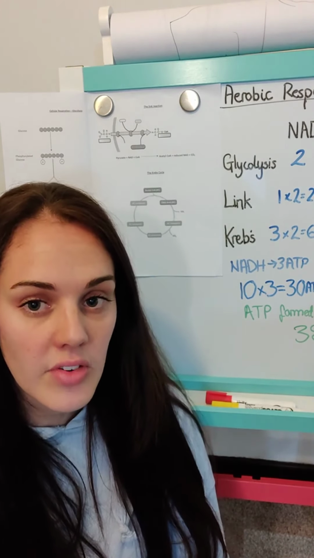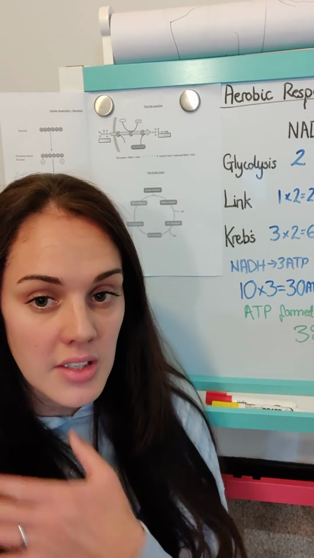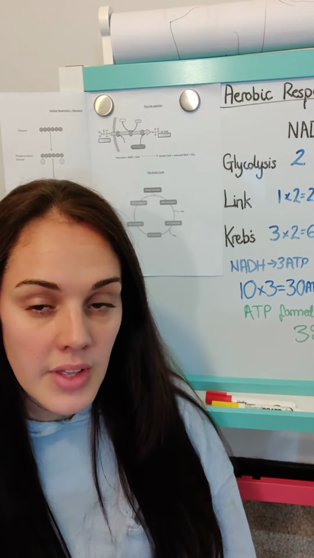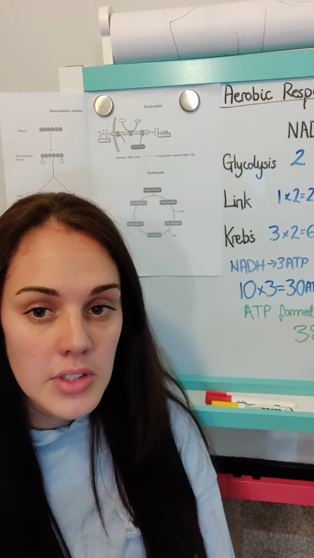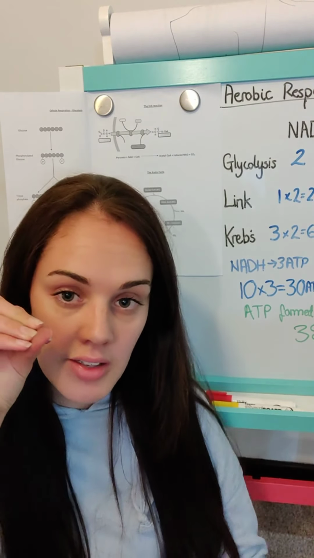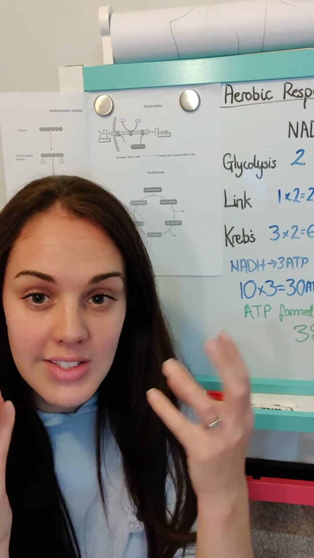That's oxidative phosphorylation. The other type of phosphorylation that you need to know about is substrate level phosphorylation. And this is much more straightforward. Substrate level phosphorylation is where one molecule has got a phosphate, the other molecule then takes that phosphate, it's a substrate.